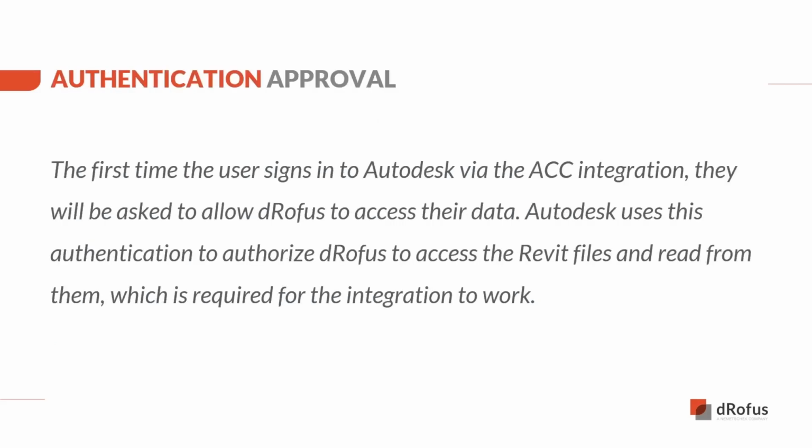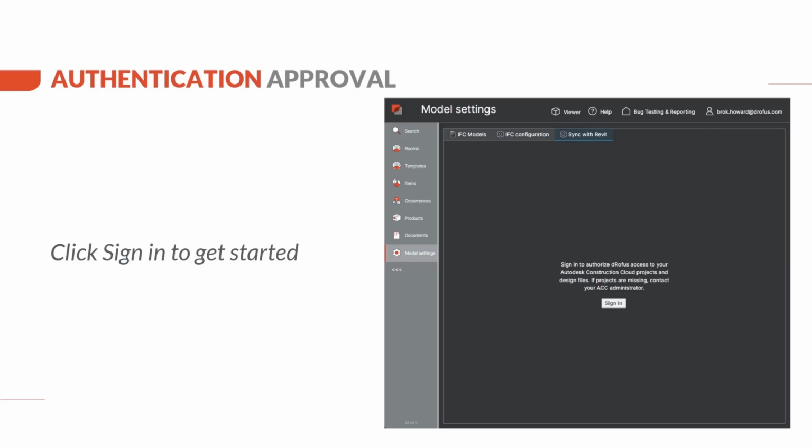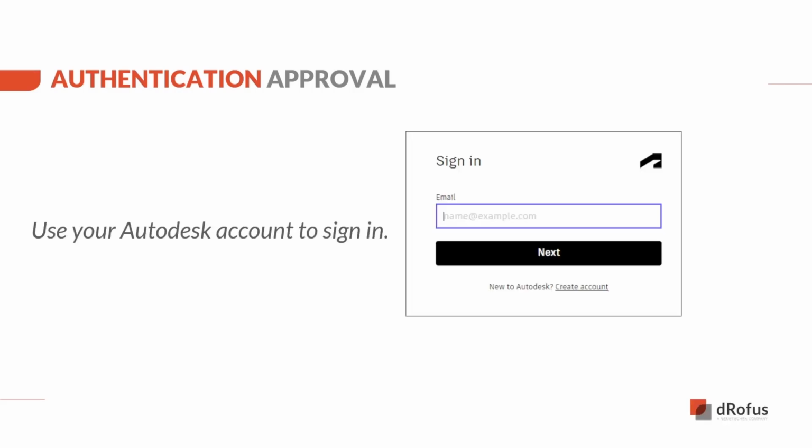The first thing that you'll end up doing when you log in to our system is you'll have to authenticate, allowing us to connect to your data. This is essentially a handshake between dRofus and Autodesk so that the data that's actually hosted on ACC can be used to then populate into dRofus. What you'll see is a screen that requires you to sign in to Autodesk, and this gives us access to the Autodesk data for your specific project.